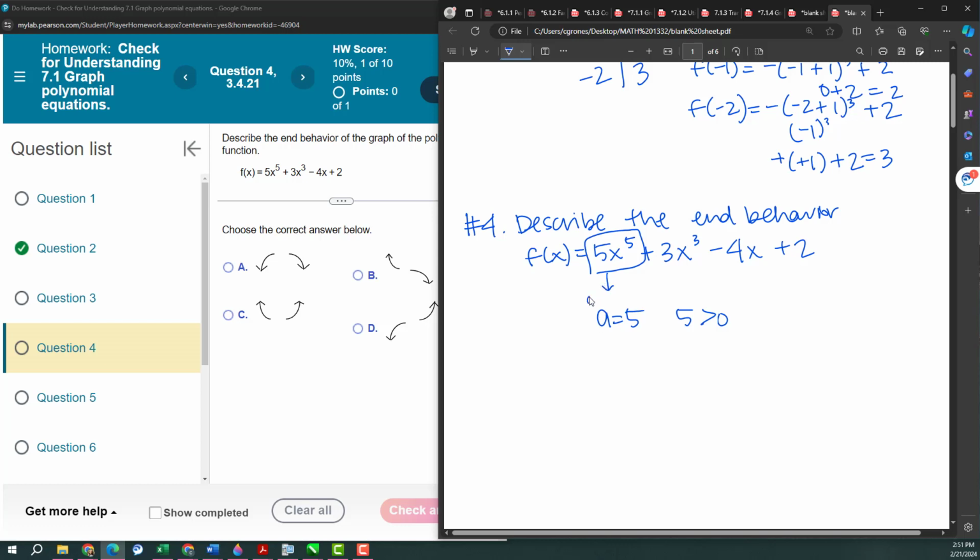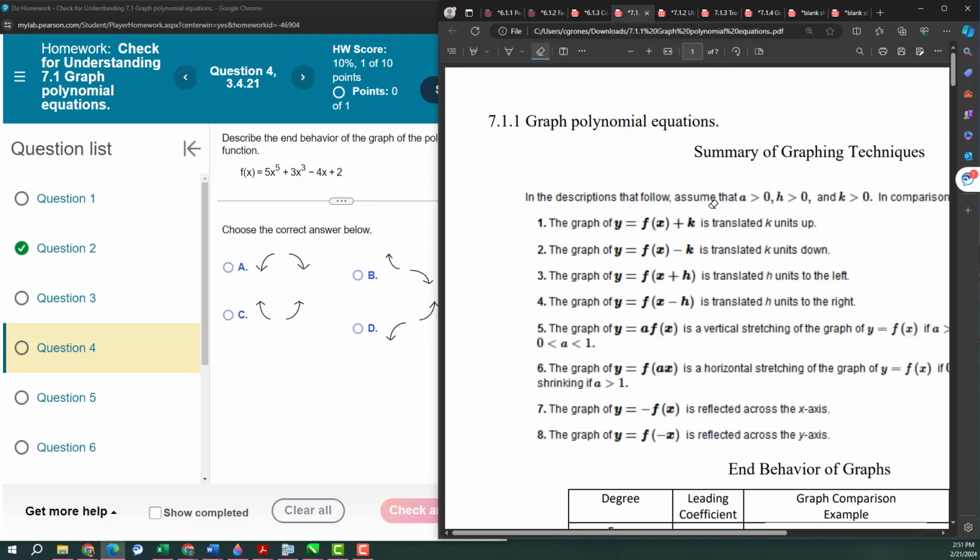Our term is odd. So if we look at our notes for our graphing techniques, we have that a is greater than 0, so it's going to be a vertical stretching of our graph.